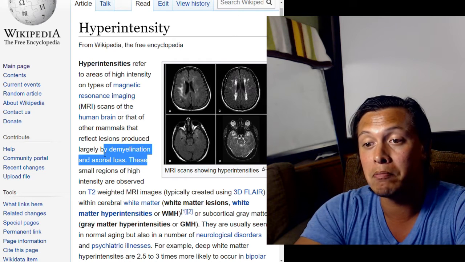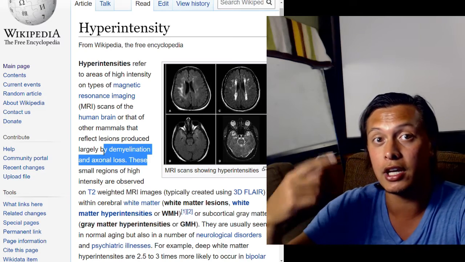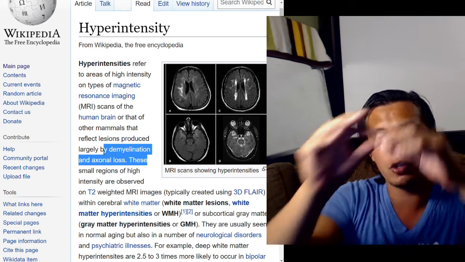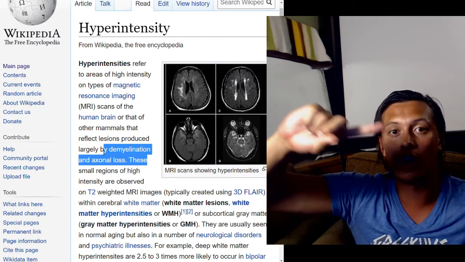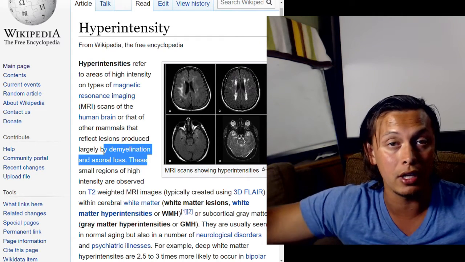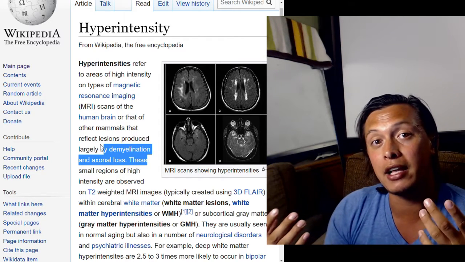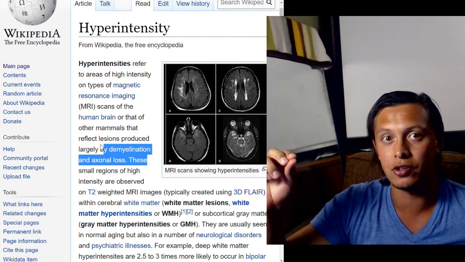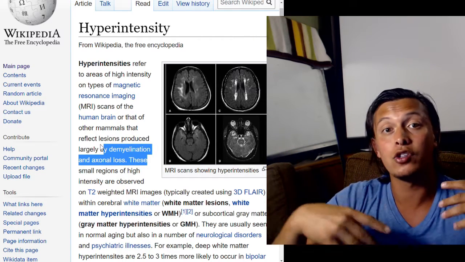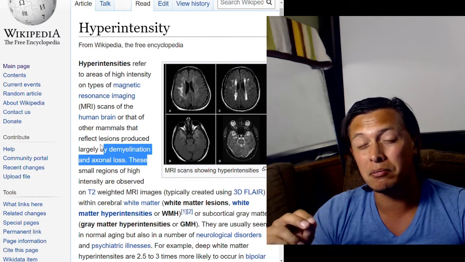So remember, myelin is the protein that coats the surface. You know how the nerve cells are long? Myelin coats the long, stringy part of the neuron, of the nerves. And you can undergo demyelination, and that protein is there to help conduct the electrical signal across the nerve cell. So you can have events where that myelin can be damaged.